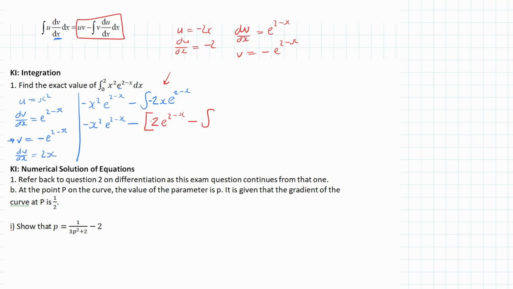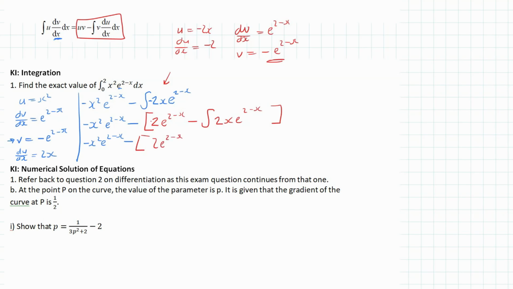Now v is negative 2, and then times negative 2x, so positive 2x e to the 2 minus x. Right, we're getting there. Next line: minus x squared e to the 2 minus x minus, we've still got these brackets here, 2x e to the 2 minus x minus.